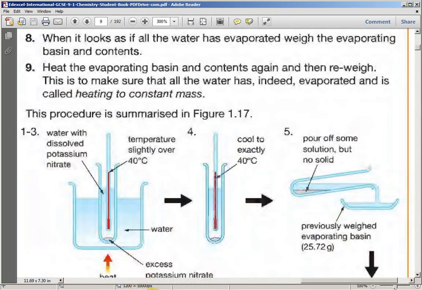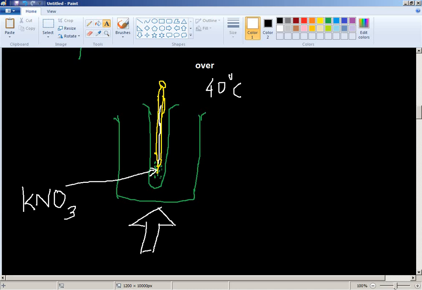This is water here. I have said some apparatus names already.